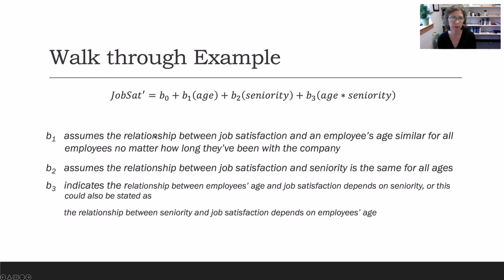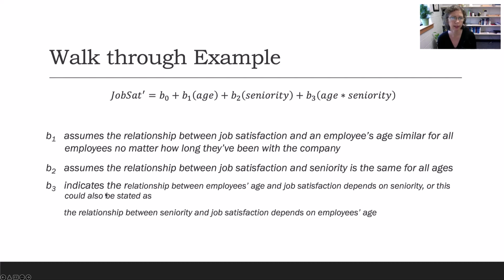Similarly, B sub 2, our regression coefficient for seniority, assumes that the relationship between job sat and seniority is similar for all ages. For a 1 unit increase in seniority, this is the change in job sat. It's predicting right now that that's going to be the same no matter what ages the employees are. Age is held constant.